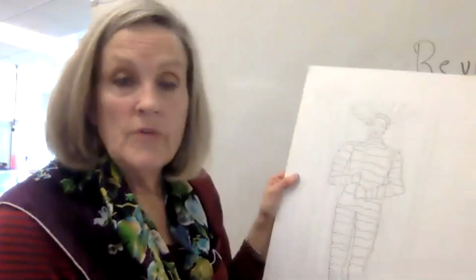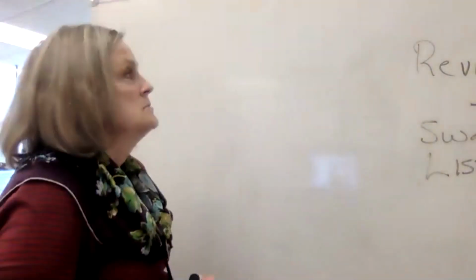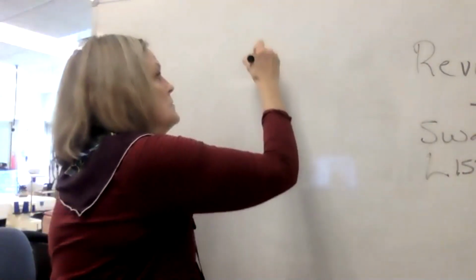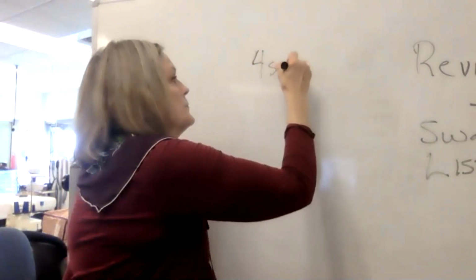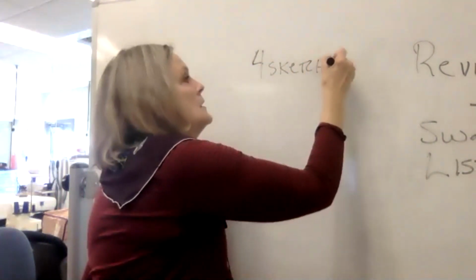So what is it that you want to convey in a sketch? And whom would you like to represent? Let's talk about Thin Man. You're going to do four sketches.